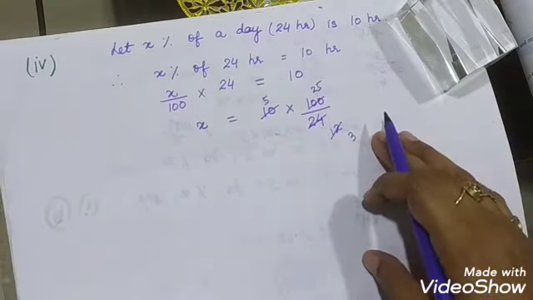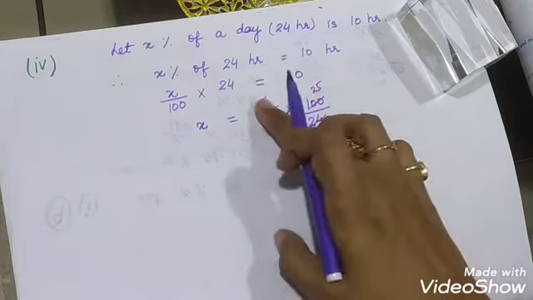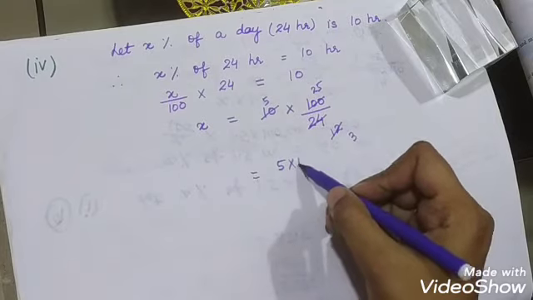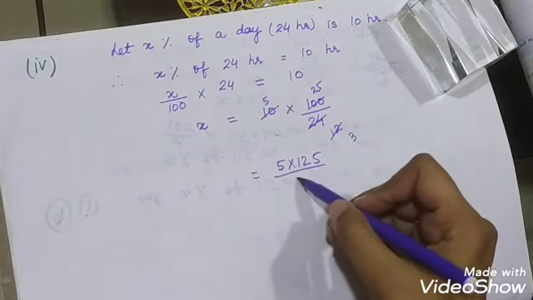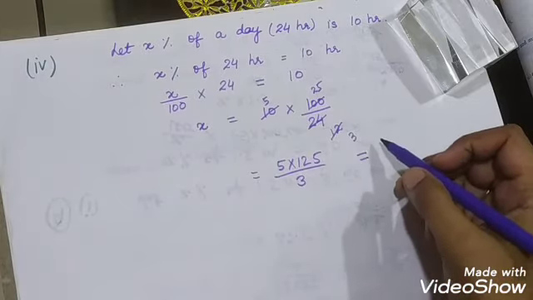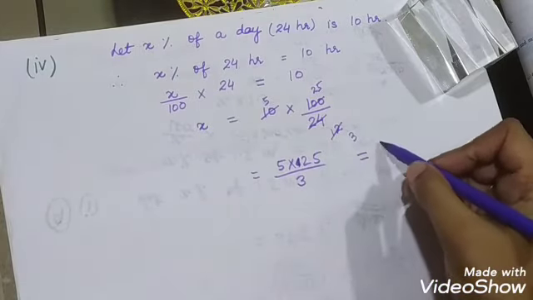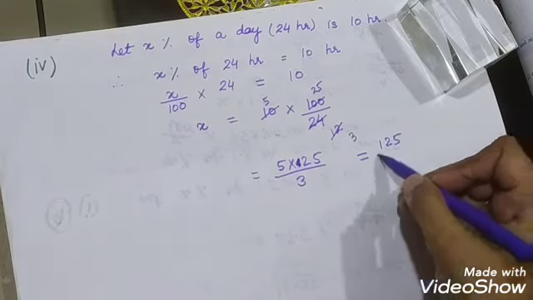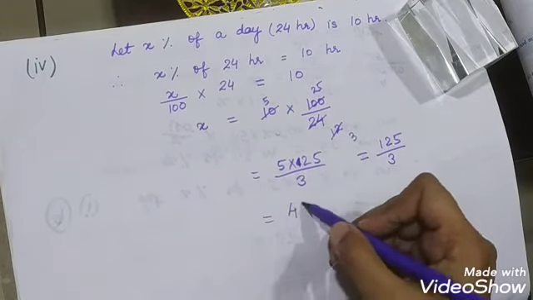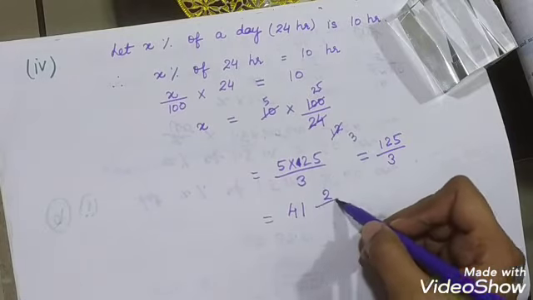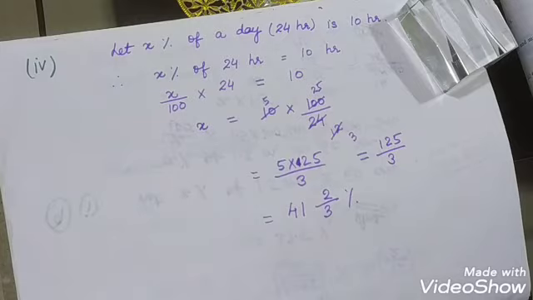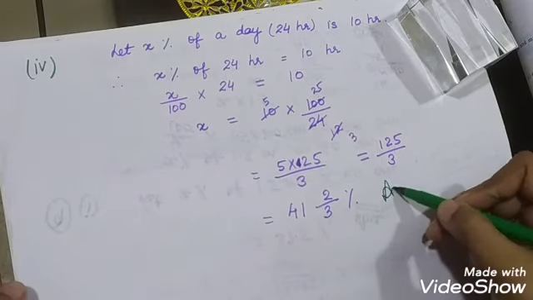So it is 5 into 25 upon 3, which on multiplication will give you 125 upon 3, and on division it will be 41 whole 2 upon 3 percentage, and that is your answer.